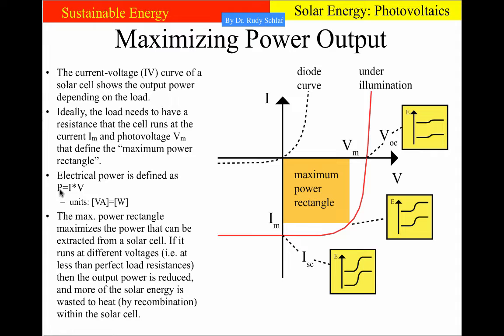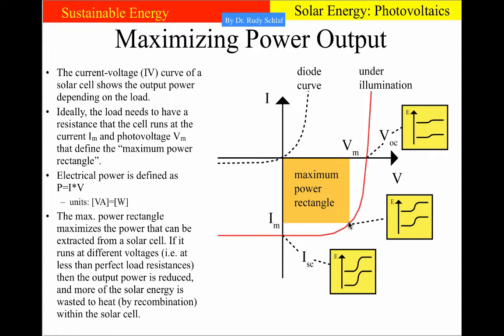If you remember, power is current times voltage. The unit is volt ampere or watt. It's obvious that we have to be somewhere in between these two points on the IV curve of the solar cell. The best point to operate the solar cell at, the voltage current combination, is that where we get a maximum area of that rectangle that is defined by that particular point on the IV curve of the solar cell.